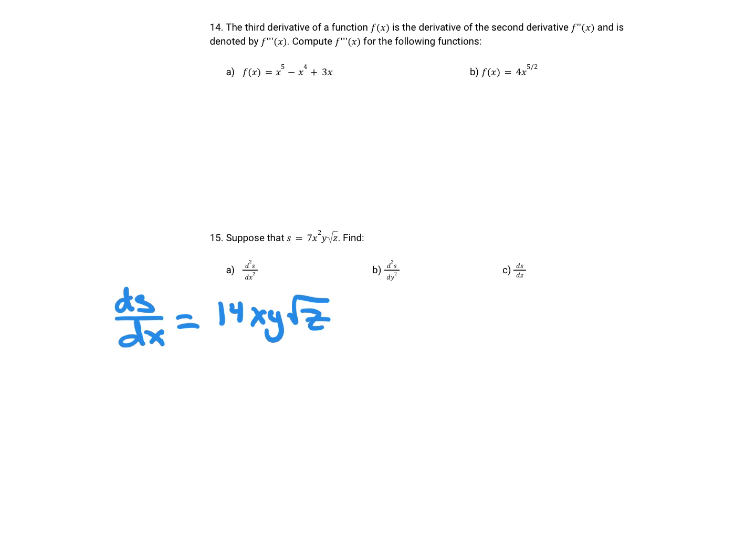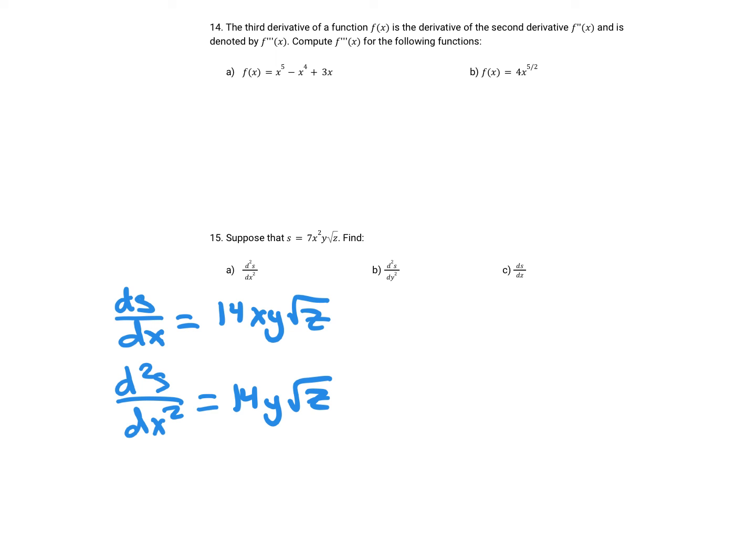Now if I do the second derivative, x is to the first power, so the 1 just comes down, and it's just 14y root z, and then it will be x to the 0, or 1. So it's just these coefficients, 14y root z.